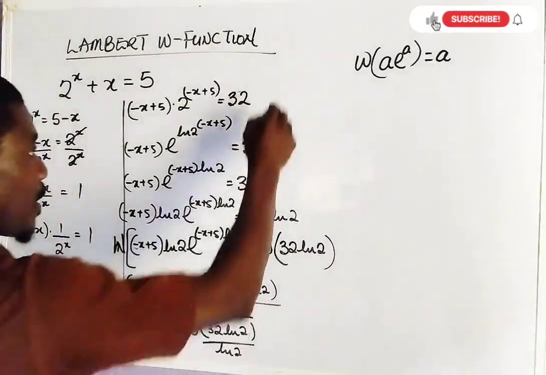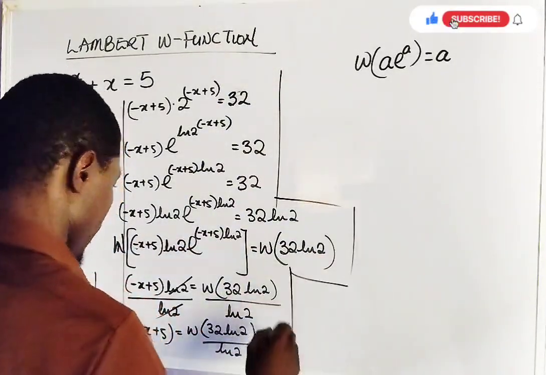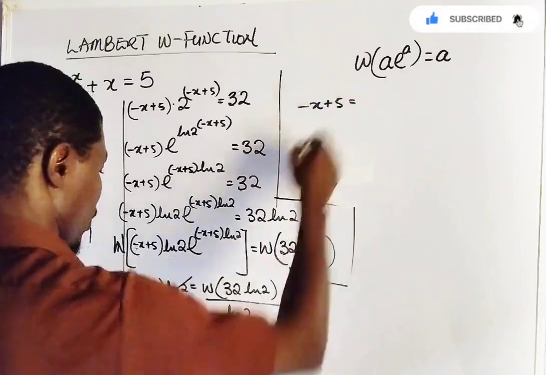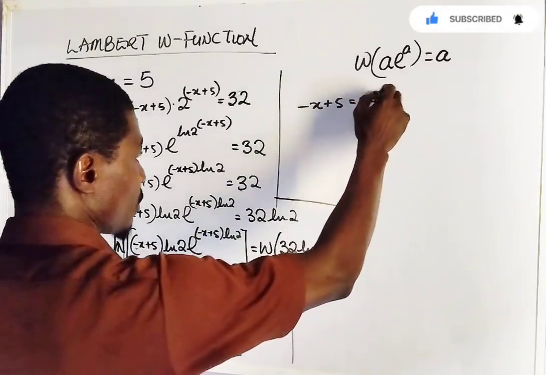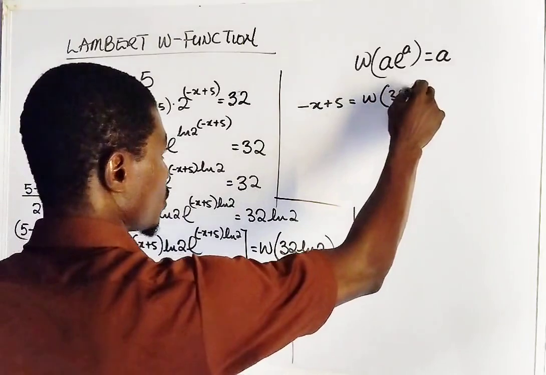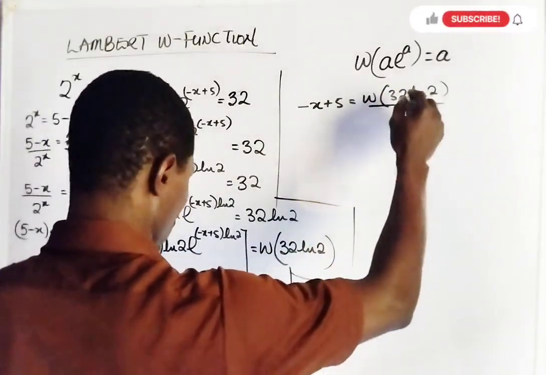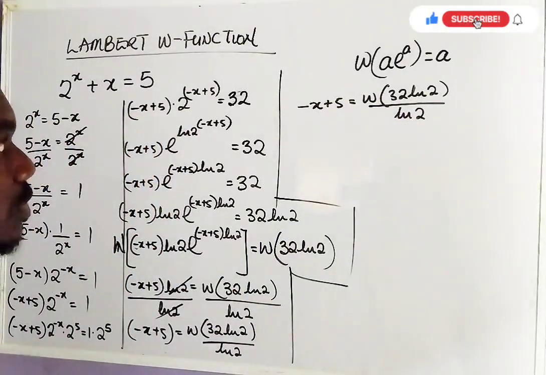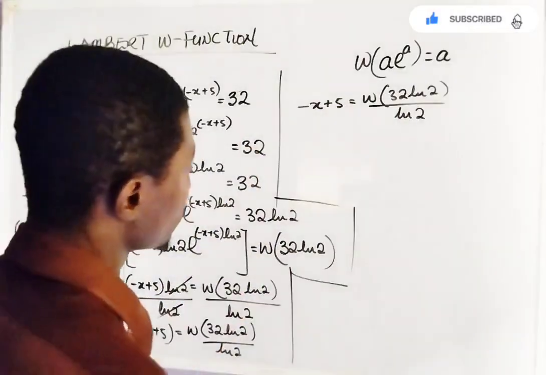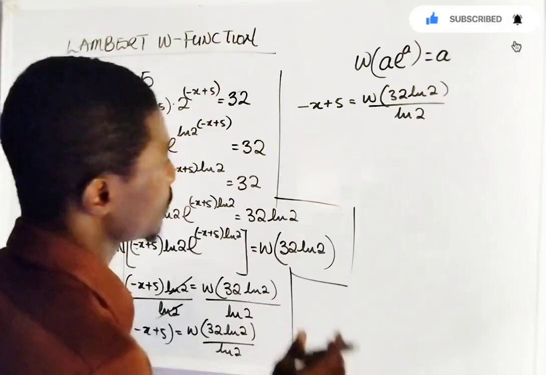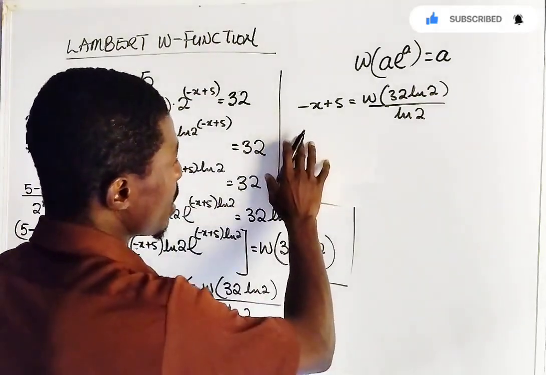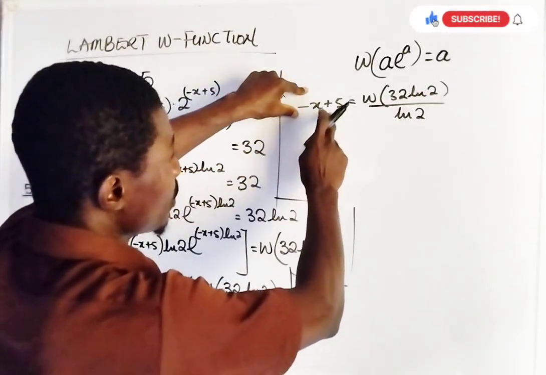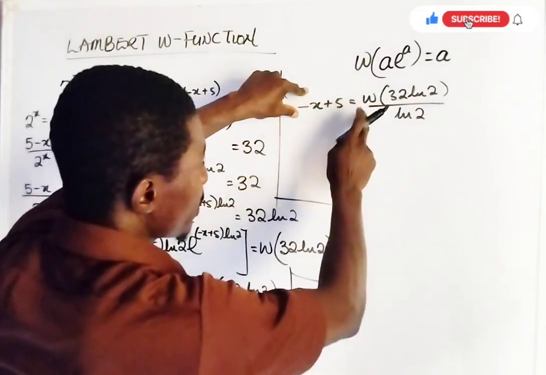To make it simpler, since we're making x the subject of the formula, let us take 5 over to the right hand side.